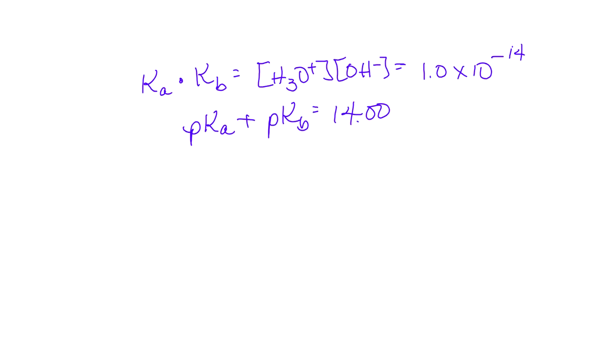So from this first equation, I can determine Ka if I know the Kb for the conjugate weak base, or if I'm given Ka, I can determine the value for Kb of the conjugate weak base. It also then is true that pKa plus pKb is equal to 14.